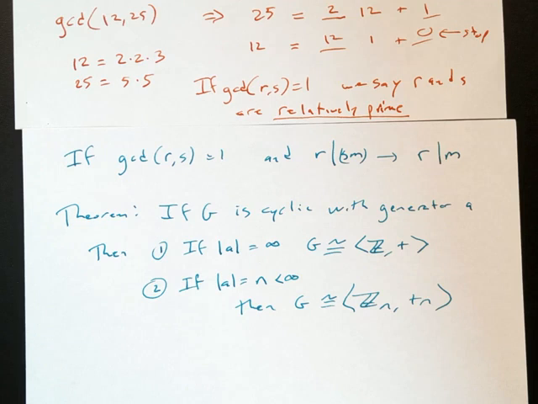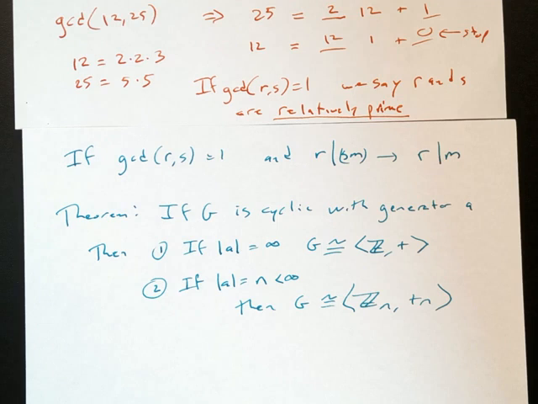I have to build my isomorphism. What is my isomorphism? Doing it again, just like yesterday. How do I build my isomorphism? Bijection.